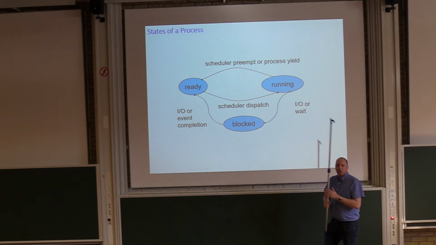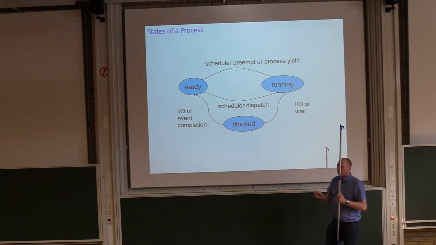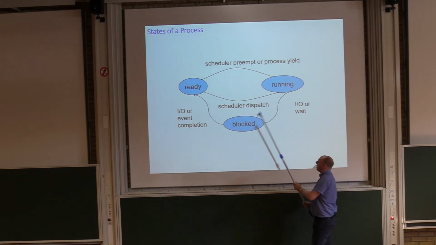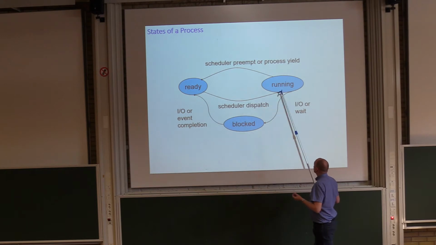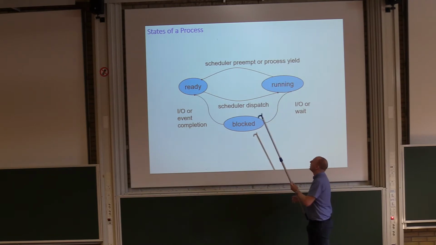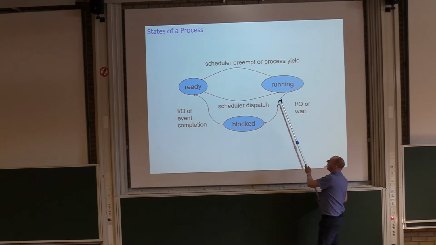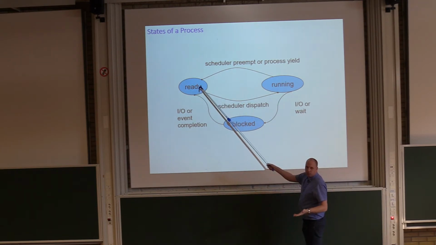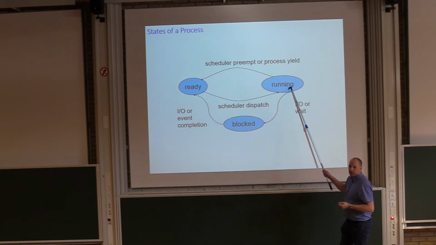In a real-time operating system, the scheduler will then preempt, meaning it throws the currently running process off the processor and lets the higher priority process execute.